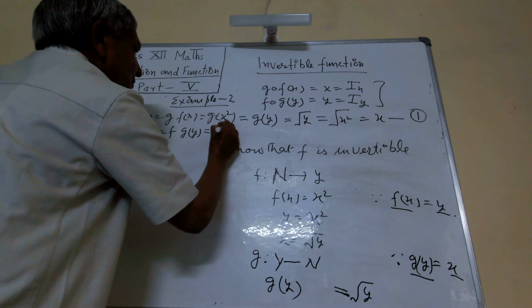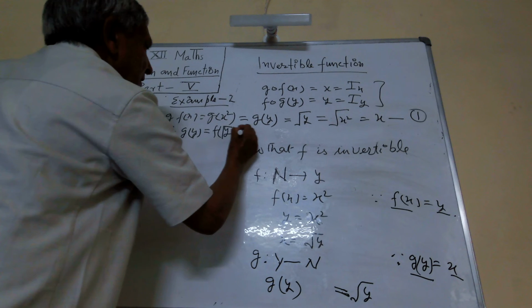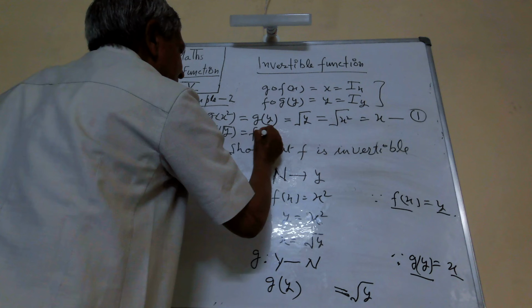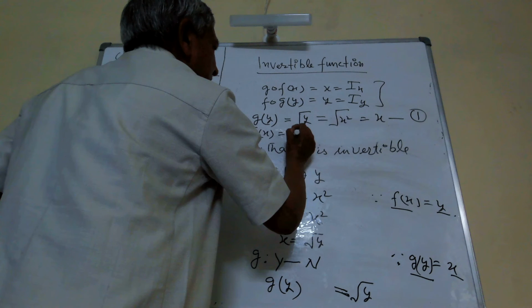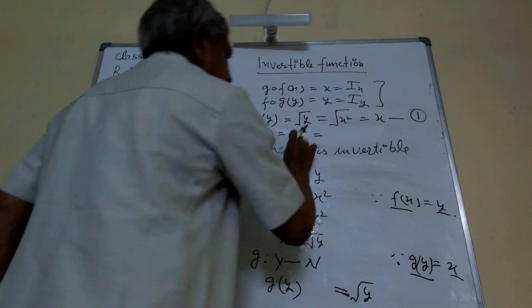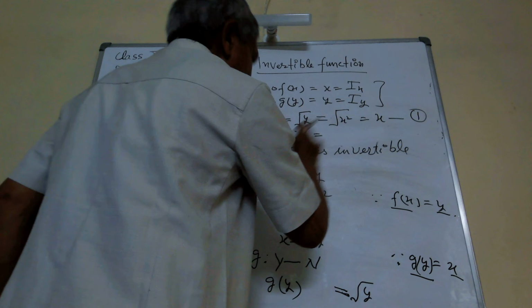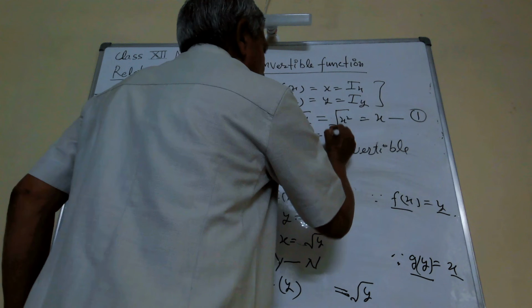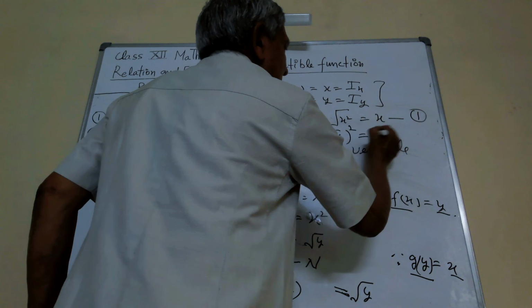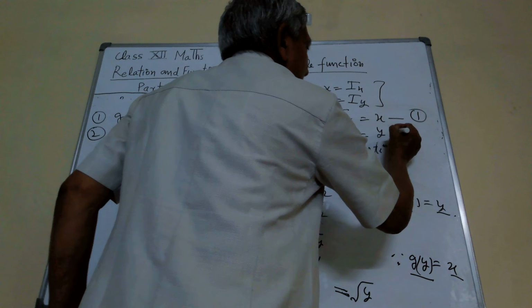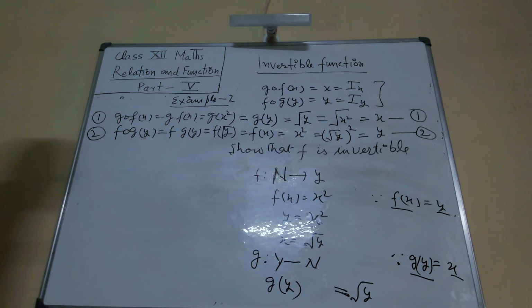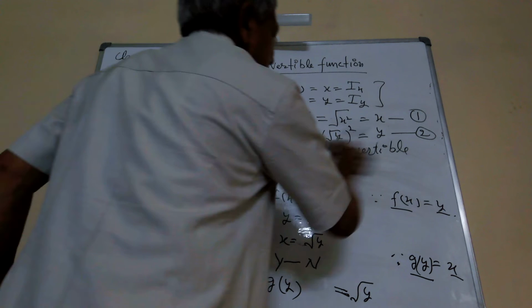Root y is equal to f x, or is equal to f x is equal to x square, is equal to, what is the value of x? Root y square, and this is equal to y. This is the second.